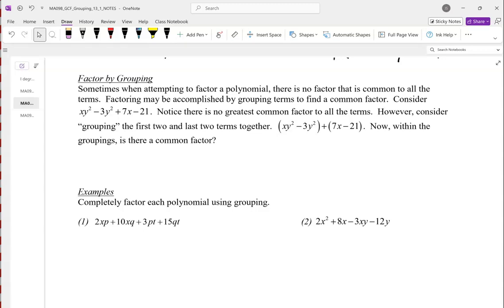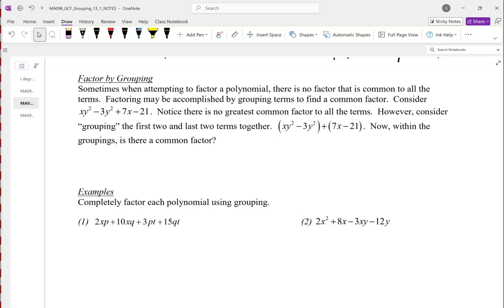Notice there's not an x in all of them, so I don't have a factor of an x, and there's not a y in all of them, so I don't have a y either, right? So for the whole polynomial, the GCF is 1, right? There's nothing they all have in common besides 1. Does that make sense? I don't have anything in common for all of the coefficients except for 1, and in the variables, there's not the same variable in all 4 terms.